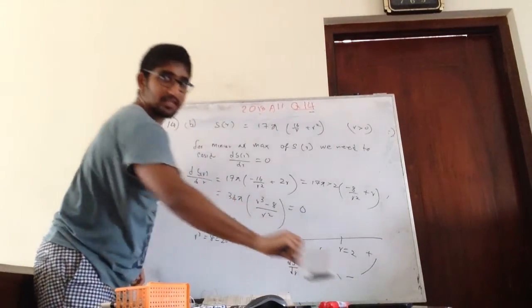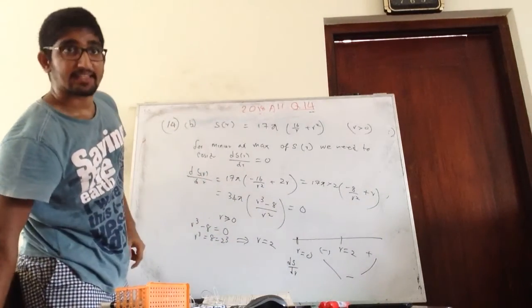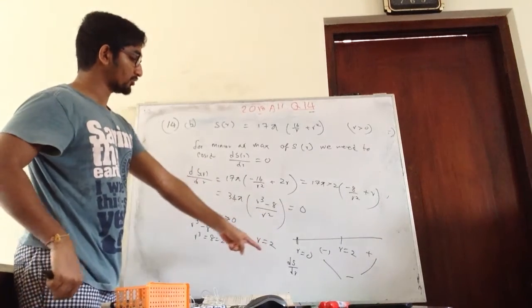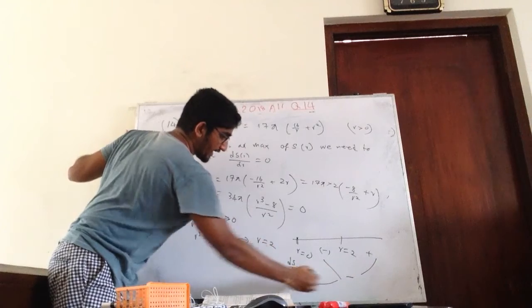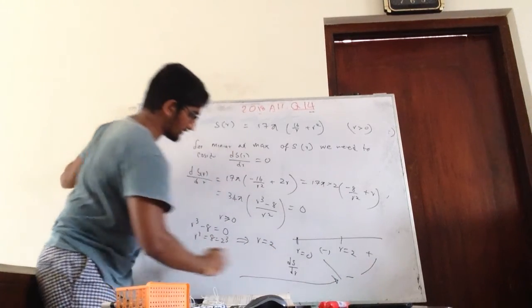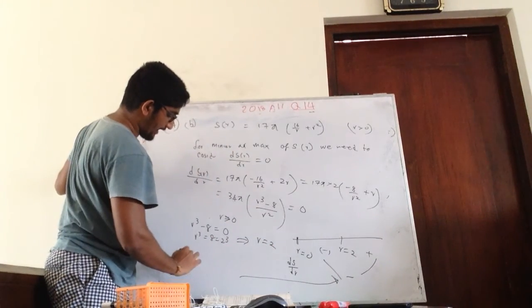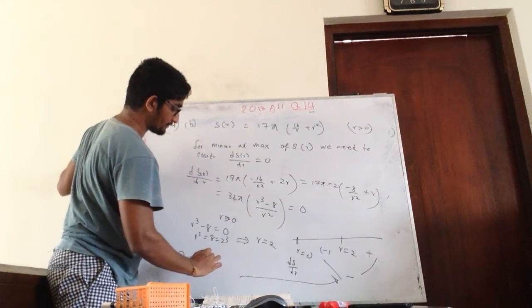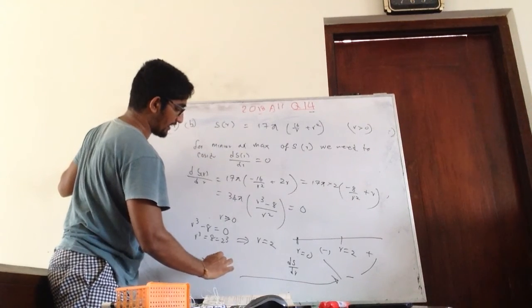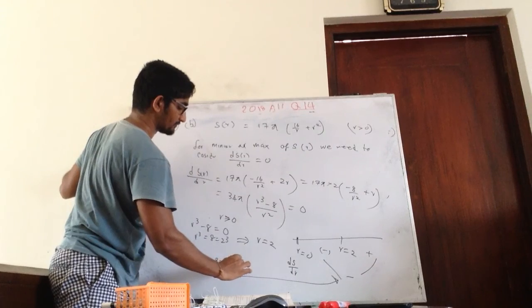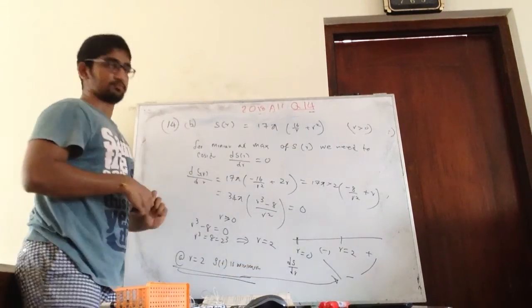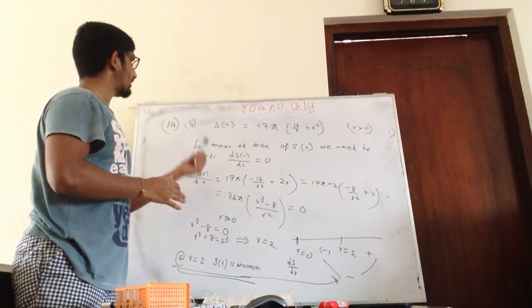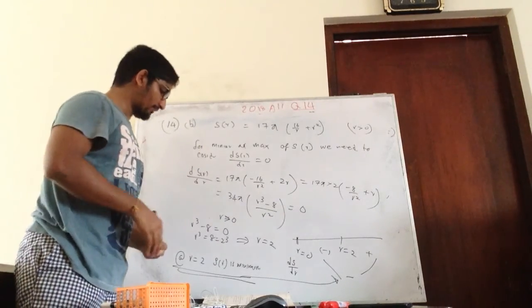So here you will get that at r equals 2, right? You can say that. So after you write this down, you can say that at r equals 2, S(r) is minimum. And that ends the question number 14 as well.